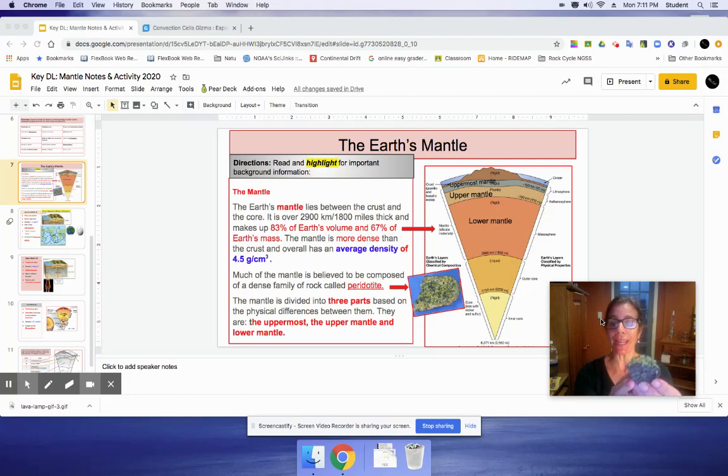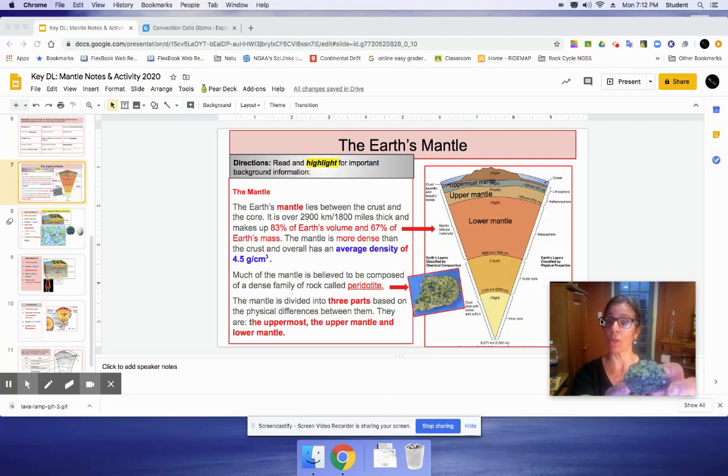And in my hand, I went rock collecting this weekend for you guys. Went to a little local rock store and picked up this sample of peridotite, and you can see that it is a lava rock, really. All right, and it's really, really dense. And that lava rock has a lot of iron in it, but it also has that cool mineral, olivine, that shows itself as the gemstone peridot.